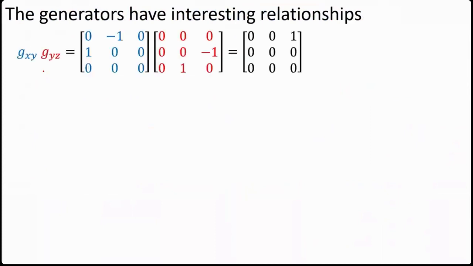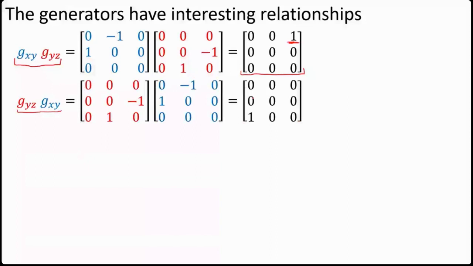Okay, so the generators have some interesting relationships. If we multiply the xy by the yz, we get this matrix, which is pretty boring, just that one up there. And if we reverse the multiplication, we get another pretty boring matrix, just with a 1 down here.